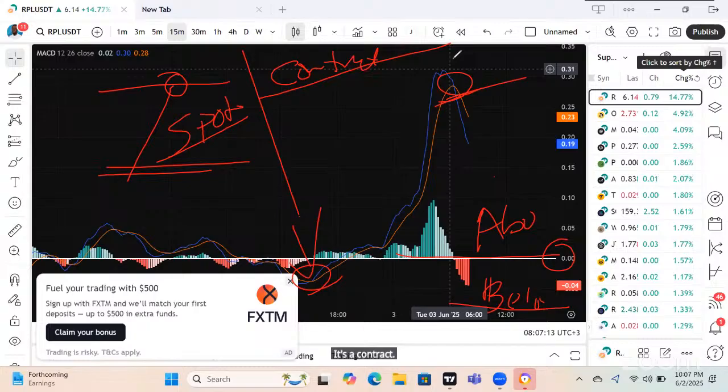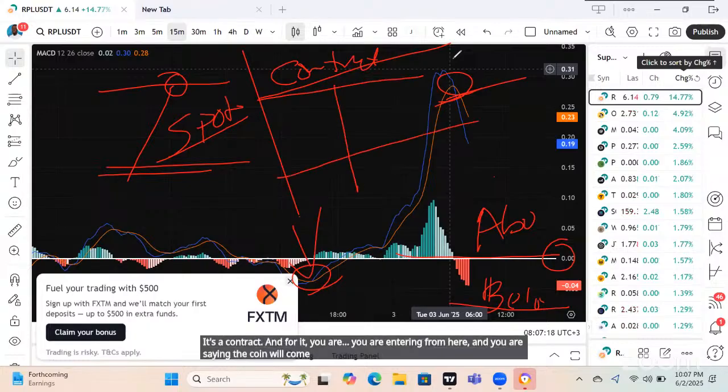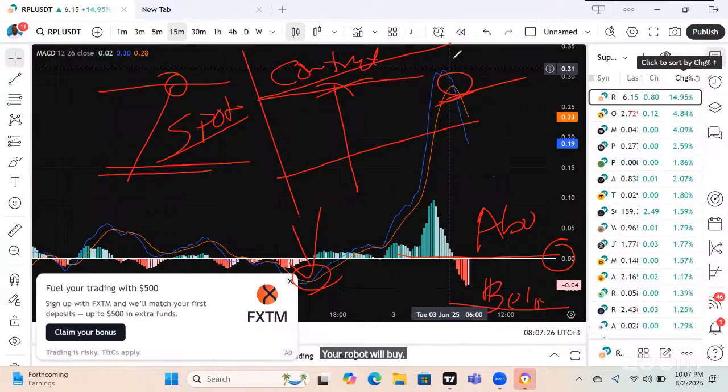And for it, you are entering from here and you are saying the coin will come down here. So if this golden cross happens, your robot will buy. But when this robot puts in the money, it does not put in all the money at once. What does it do? It brings the money slowly into the market. Am I speaking to somebody?